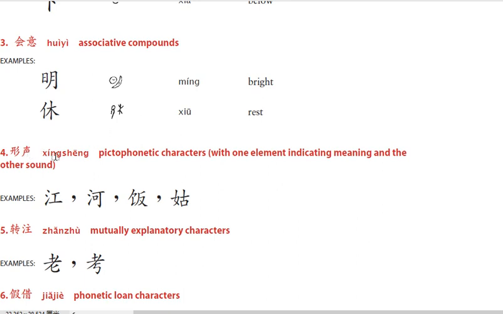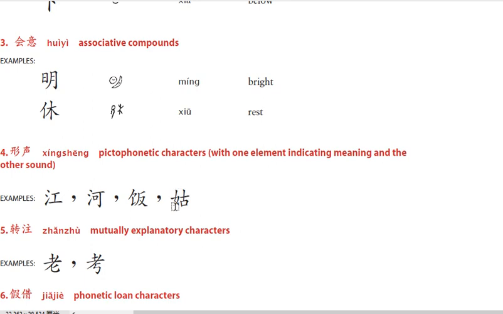Category 4 is called 形声, pictophonetic characters. Usually in those characters, there are two elements. Element 1 indicates meaning, and element 2 indicates the sound. Let's see an example. For example, this one is pronounced as 姑, which means auntie, aunt. The element on the right is pronounced as 古.